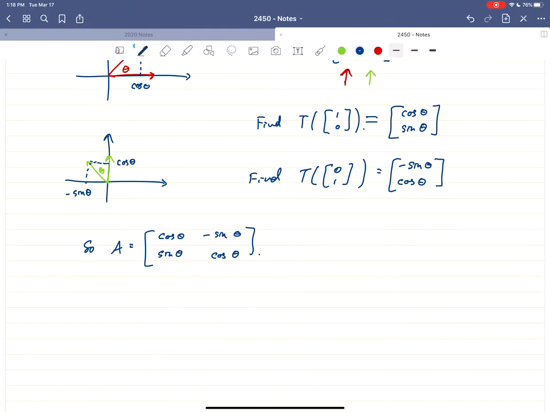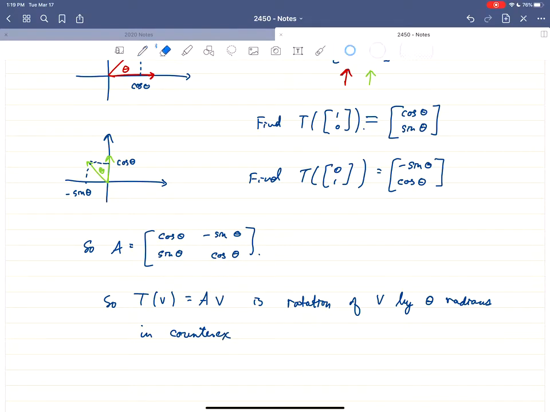And it turns out that if I take any vector v and I multiply this vector v on the left by A, that's going to correspond to a rotation of v by theta radians in the counterclockwise direction. Okay, and so that's exactly in the counterclockwise direction.